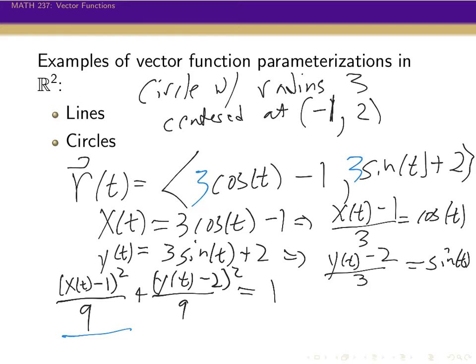This is cosine squared and this is sine squared. I have 9s in the denominator on the left, so if I just multiply everything by 9, my 1 is going to turn into a 9.